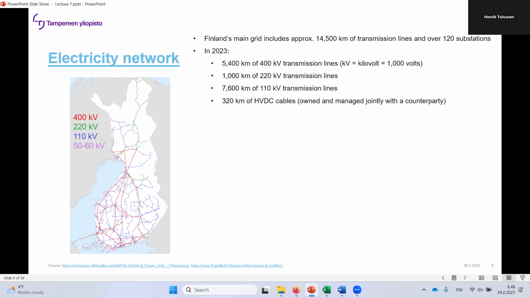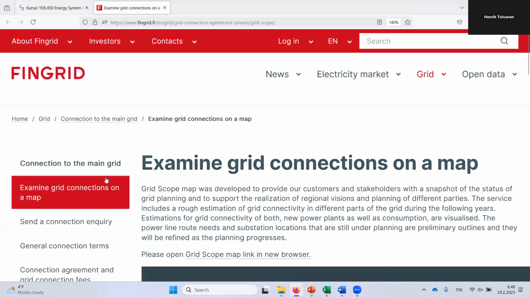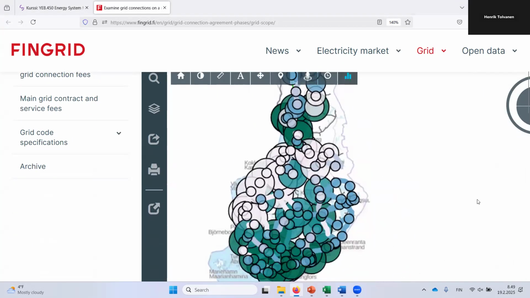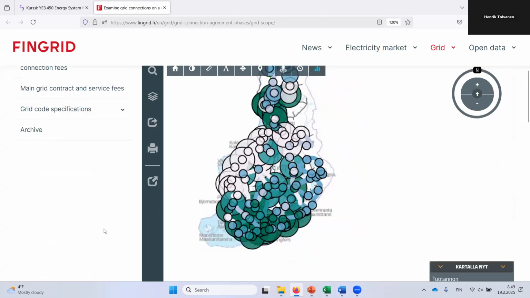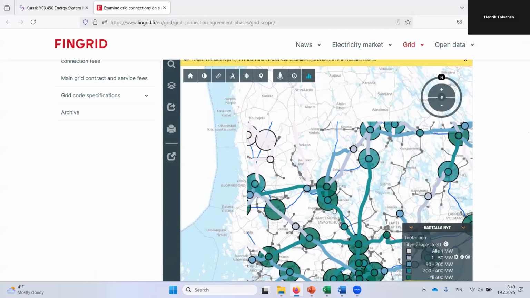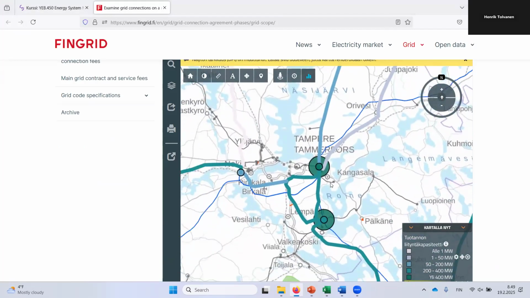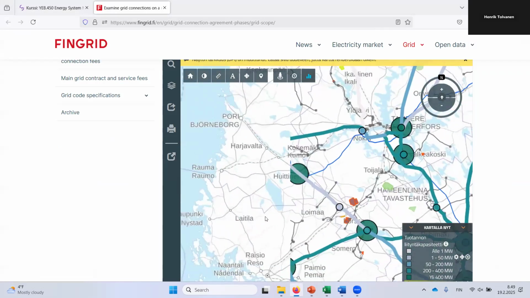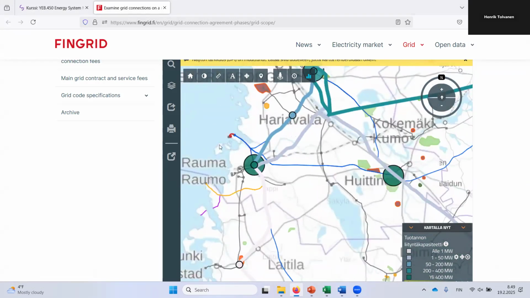And if you click in here, you're going to see a map of this electricity network, so you can examine the connections. I think this map has a rather poor legend, but let's bear with it. You can zoom in here and see, for example, I'm guessing this is the power line from Olkiluoto.